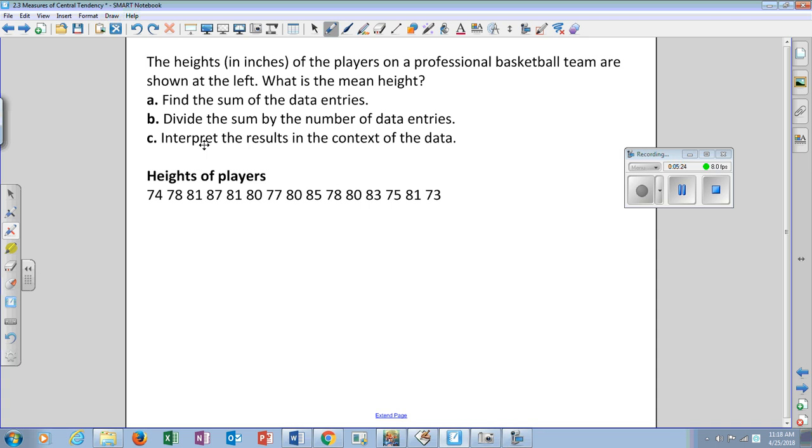So when we look at this, the sum of our data entries is going to be 1,193. And you're dividing that by the total, 2, 4, 6, 8, 10, 12, 14, 15.